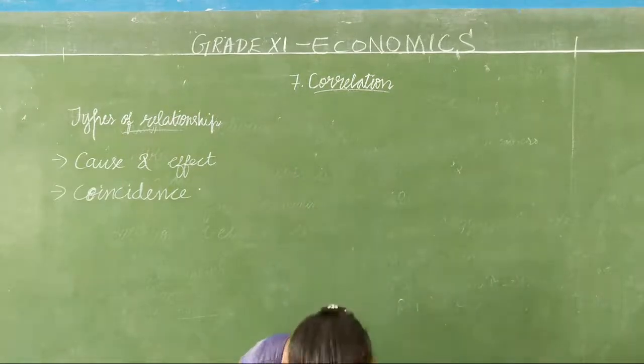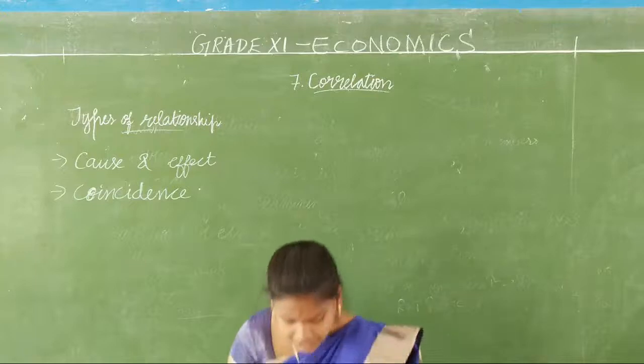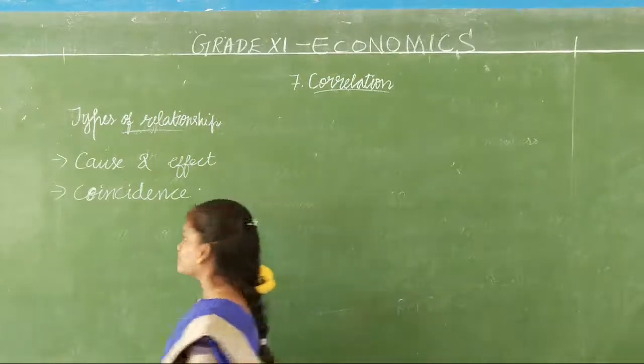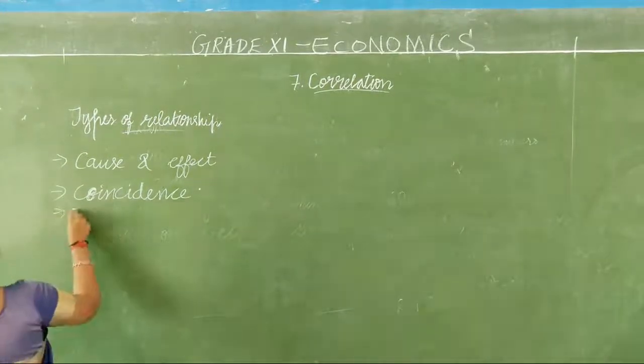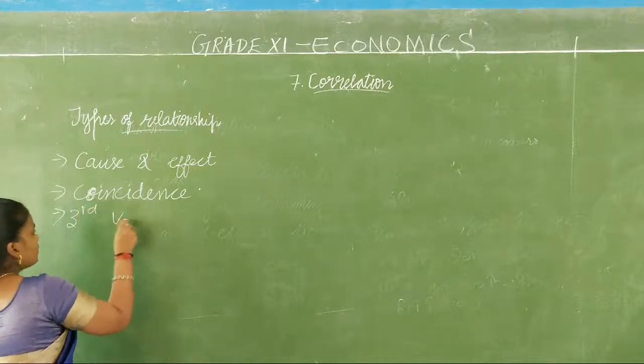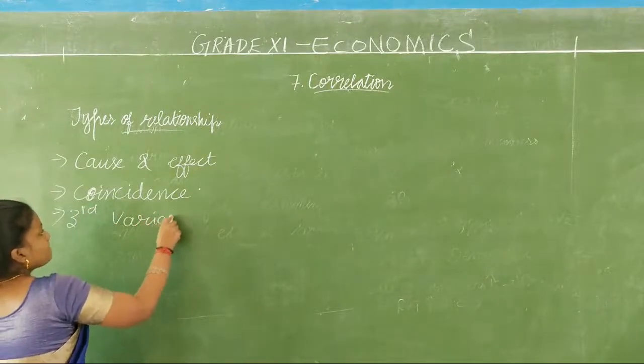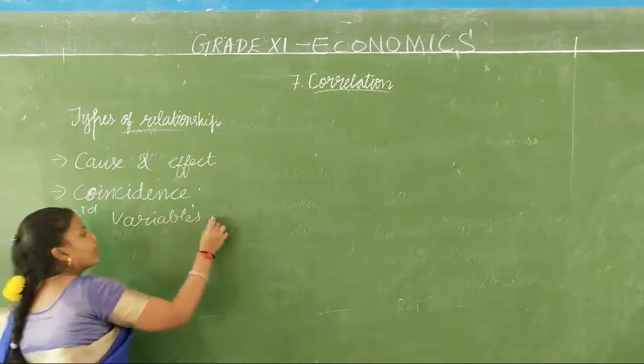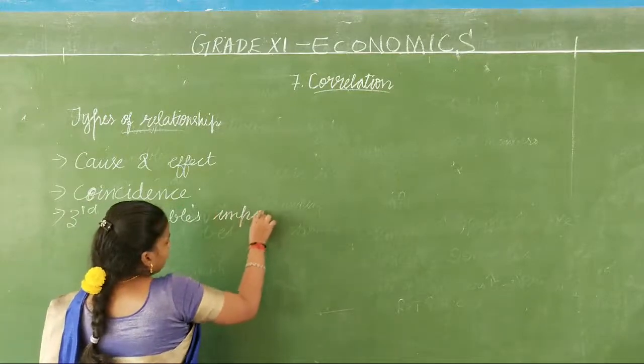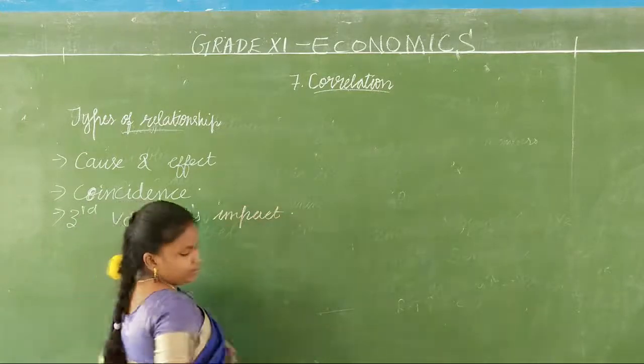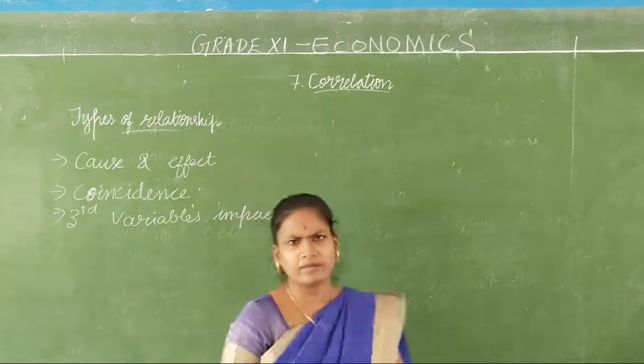And sometimes a third variable's impact on two variables. Okay? So what happened? A third variable's impact might be there. What might be the third variable's impact?